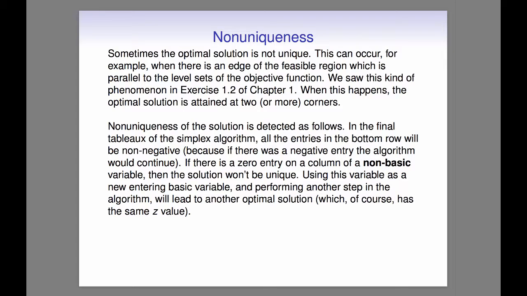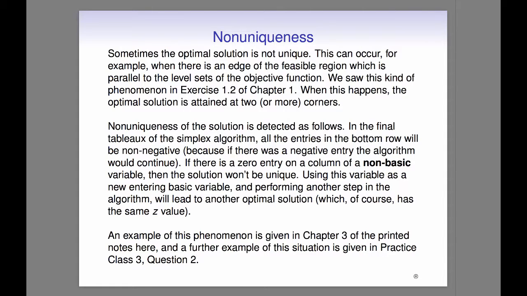When you get such a situation, you just continue on by working in that column, and that will lead you to the other solution. You can read about this in the notes, and we'll look at it in the practice class.